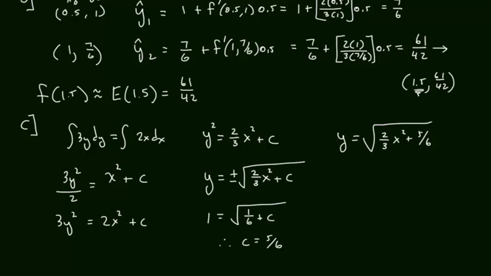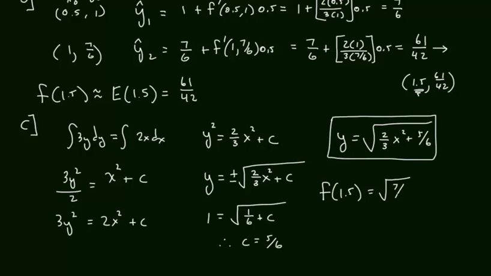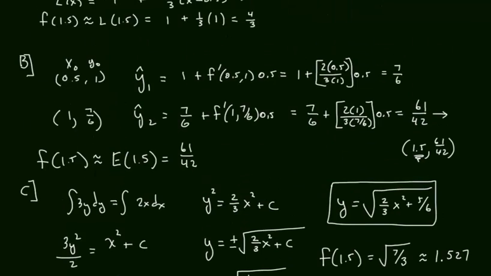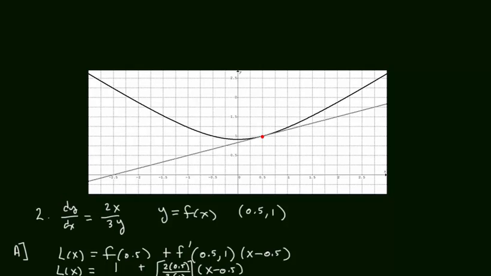But first, I quickly ran through solving the particular solution at the given point, and we're going to find f at 1.5 to be exactly the square root of, I'm going to plug this in, do the arithmetic, it's going to be the square root of 7/3. And just so we can mark that, I'll tell you that's going to be approximately 1.527.